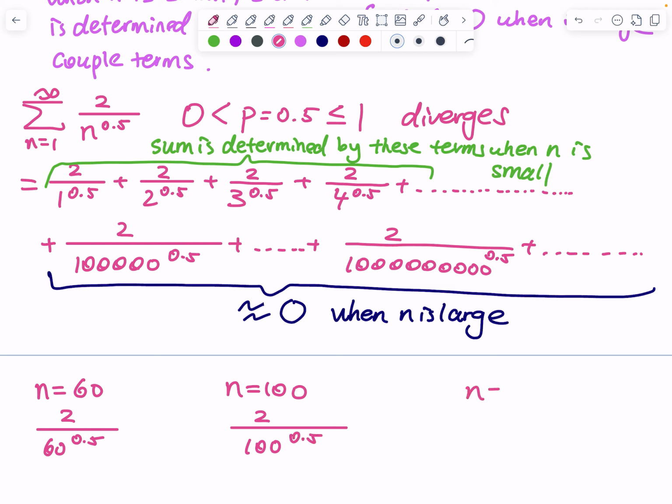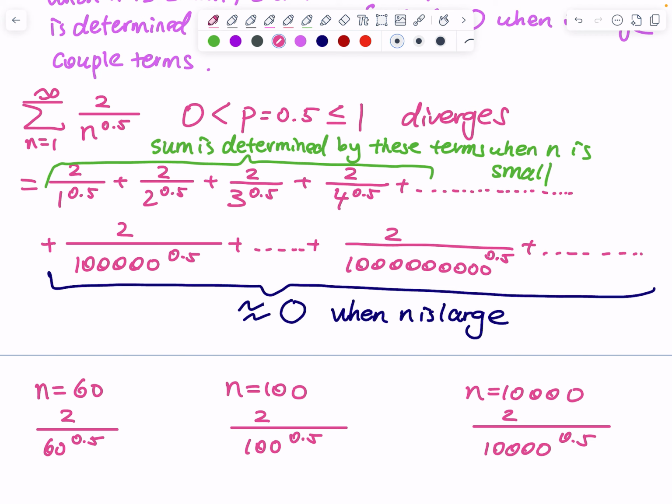And when n equals 10,000, you have 2 divided by 10,000 raised to 0.5. Okay, I believe I made a little mistake in my notes already, so I will just use my calculator to do this right now.